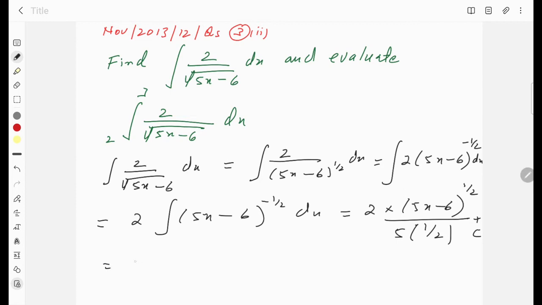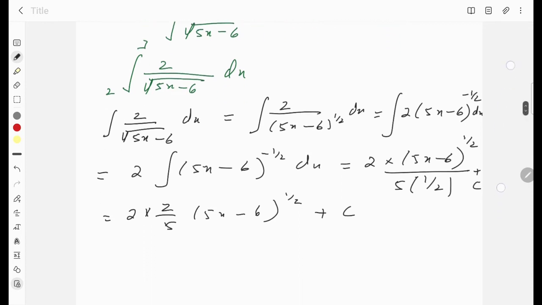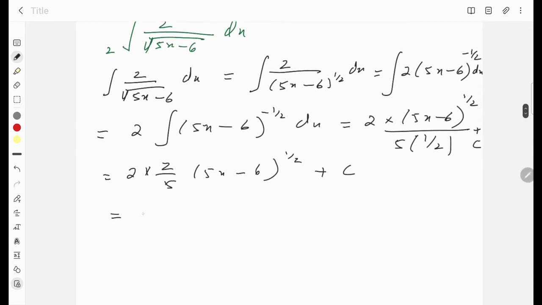You can write 5 over 2 in the denominator, which becomes 2 over 5, times 5x minus 6 raised to the power half, plus c. This will become 4 over 5, times 5x minus 6 raised to the power 1 over 2, plus c.